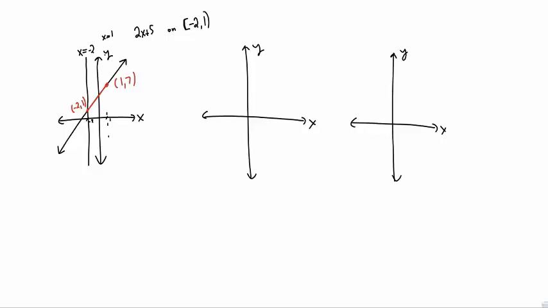And now for the second formula, 6. We're interested in it on x equal to 1. So the function defined by the formula 6 has this horizontal line as its graph.